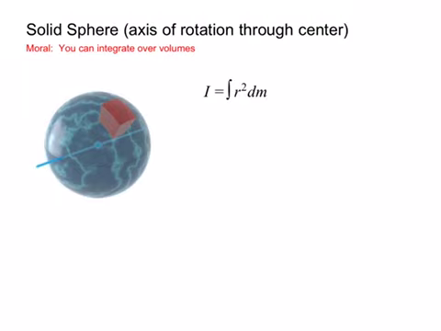Now, before we get too deep into this integral, we have to note that this is actually another situation where there is an r prime here. And what I mean by that is, going back to the hoop example, where we had our hoop here, and this time our axis of rotation went through one of its diameters.